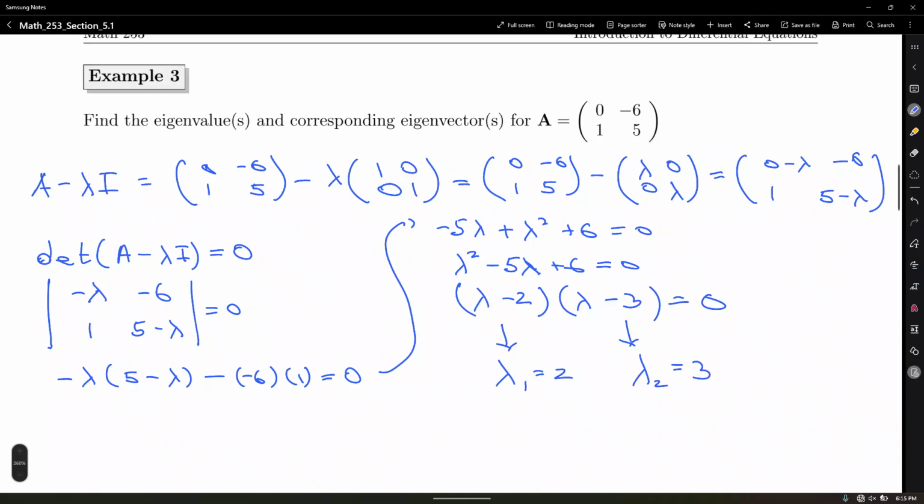Okay, so now let's find the eigenvectors: the eigenvector corresponding to lambda 1 equals 2, and the eigenvector corresponding to the eigenvalue lambda 2 equals 3.